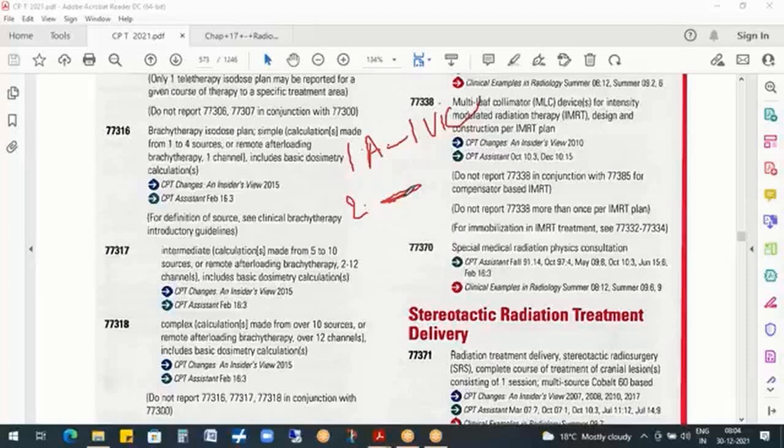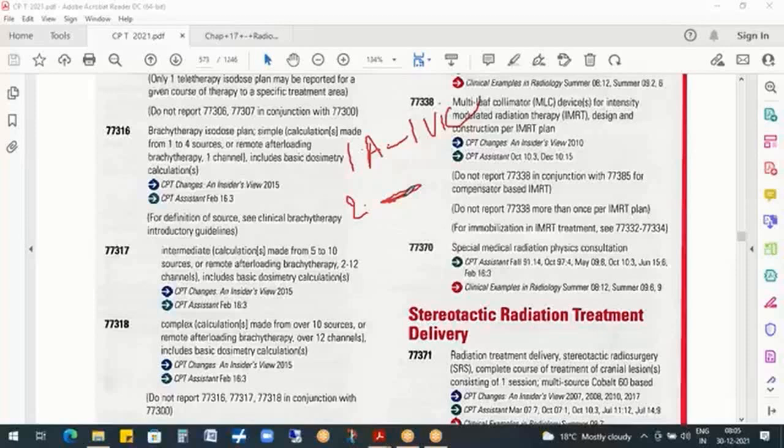And MRA means magnetic resonance angiogram. CT, MRI and MRA.